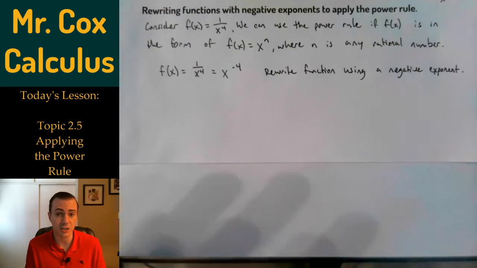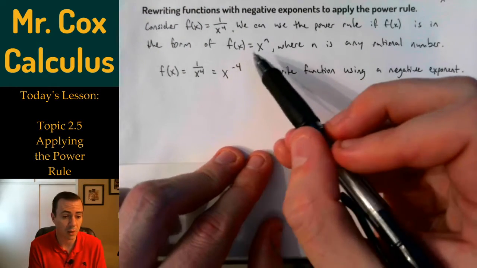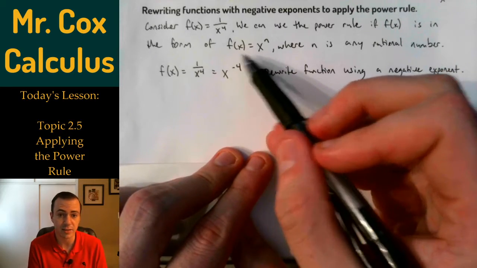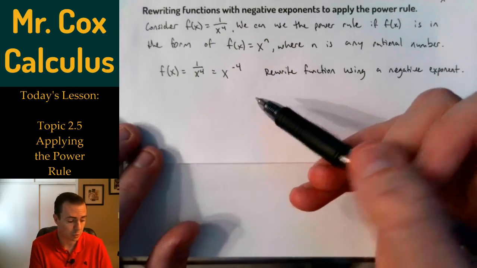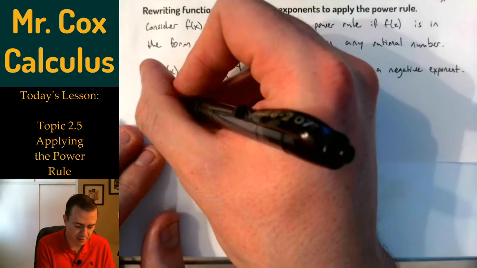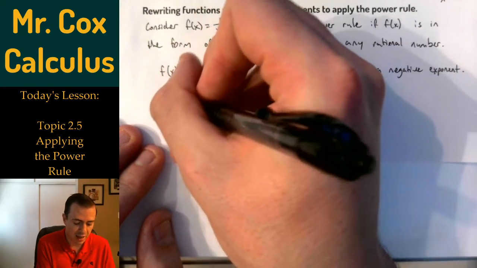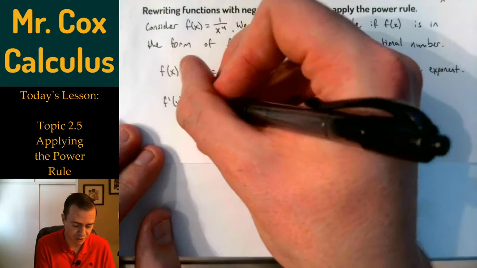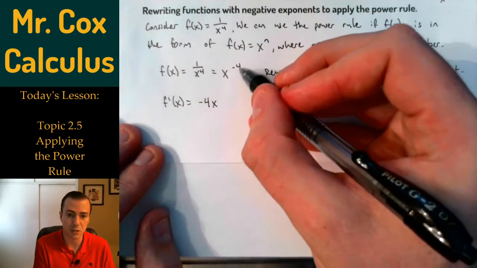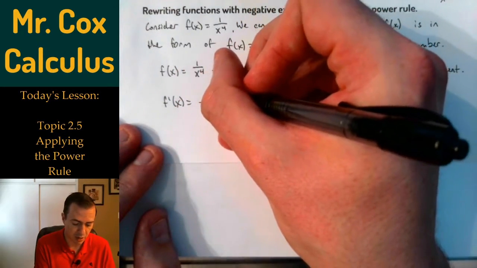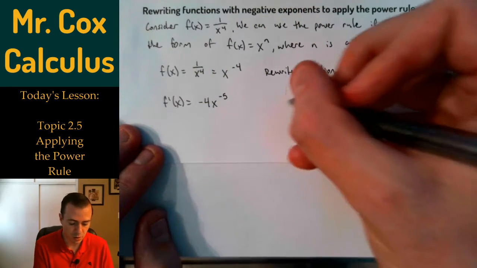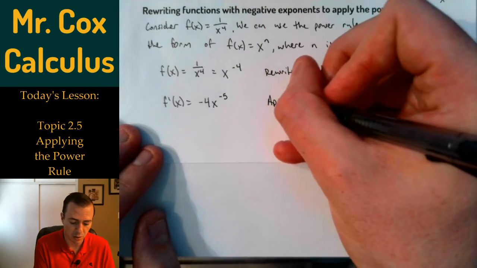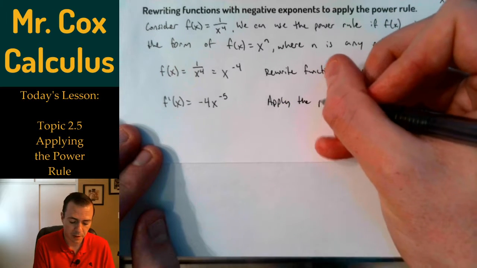And really it's because you want to get it in this form. If you can get any function into this form, you can use this power rule. So I can now apply it and say f prime of x equals, well, remember negative 4 is going to be the new coefficient. And then I need to reduce the power by 1, so that becomes negative 5. So this step right here was all about applying the power rule.